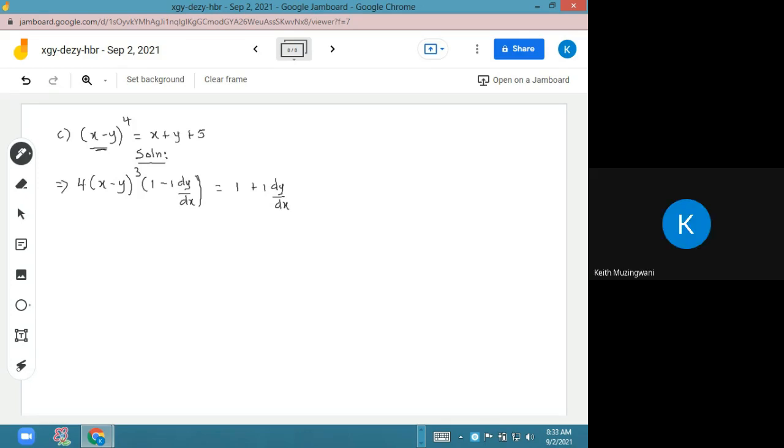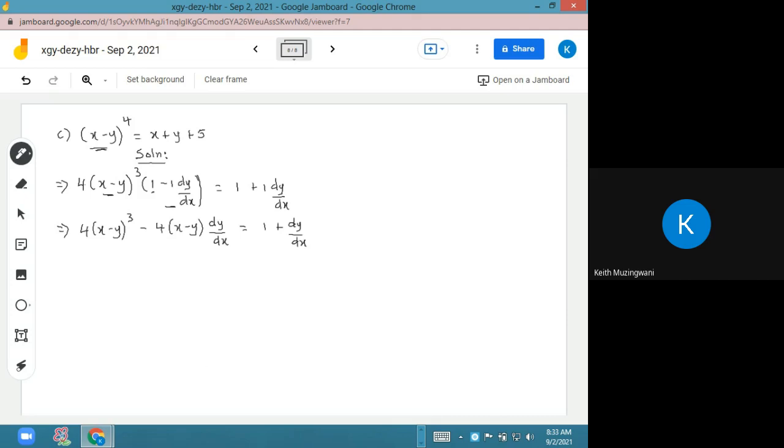Good. Then we expand. Now in our expansion, we don't need to break this. We just want to break this here. So we have 4 times x minus y to the power 3 multiplied by 1. We'll get x minus y to the power 3 minus 4 times x minus y dy dx, which is equal to 1 plus dy dx.